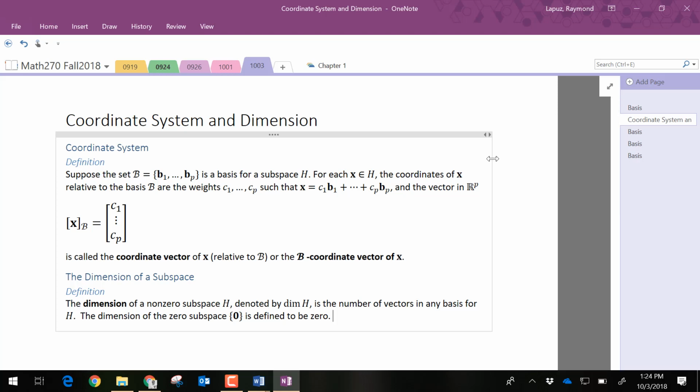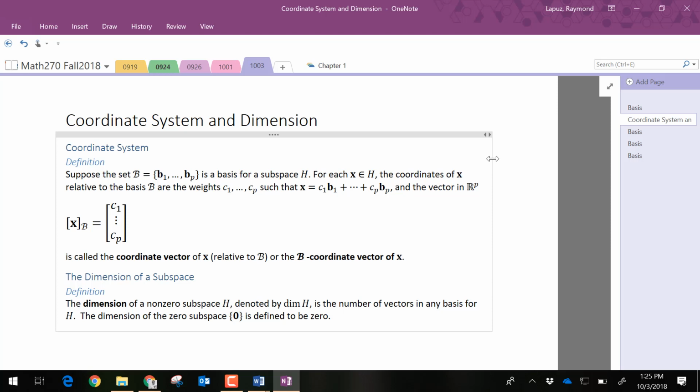So suppose a set B, that's B1 through BP, is a basis for a subspace H. That means if it's a basis, then each element in H can be written as a linear combination of all those basis vectors.